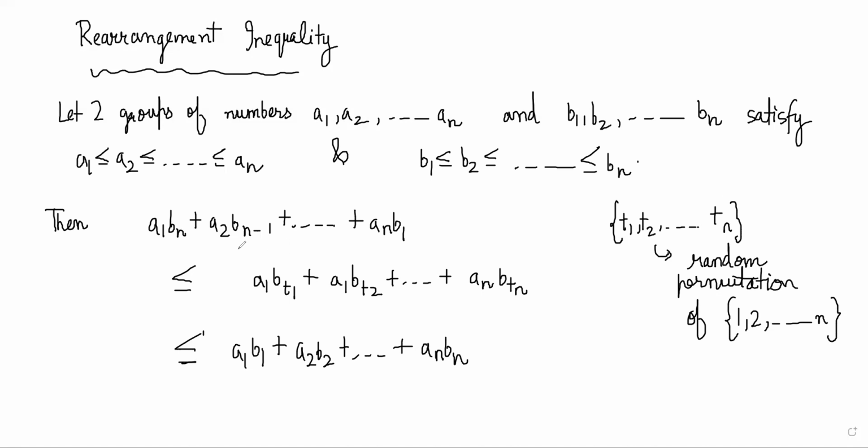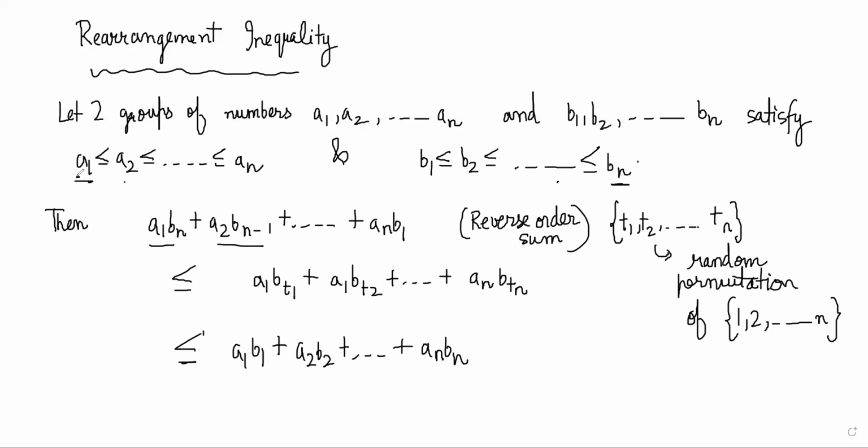So what is the meaning here? Think about it. A1 multiplied by BN, A2 multiplied by BN minus 1. So this is the product of the terms of these two sequences taken in the reverse order sum, right?